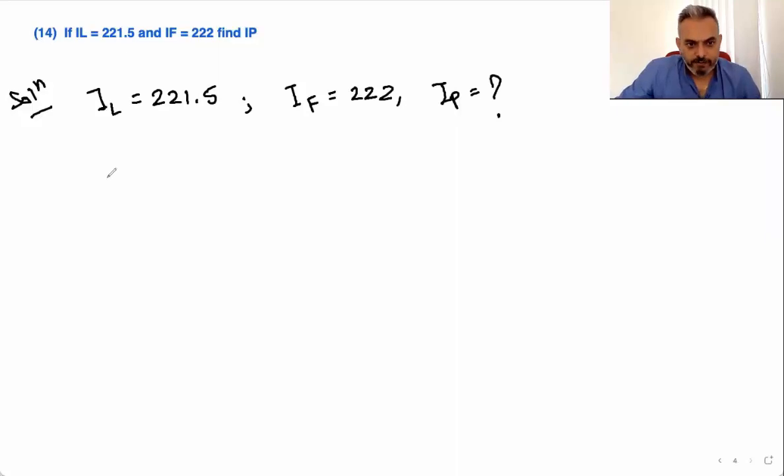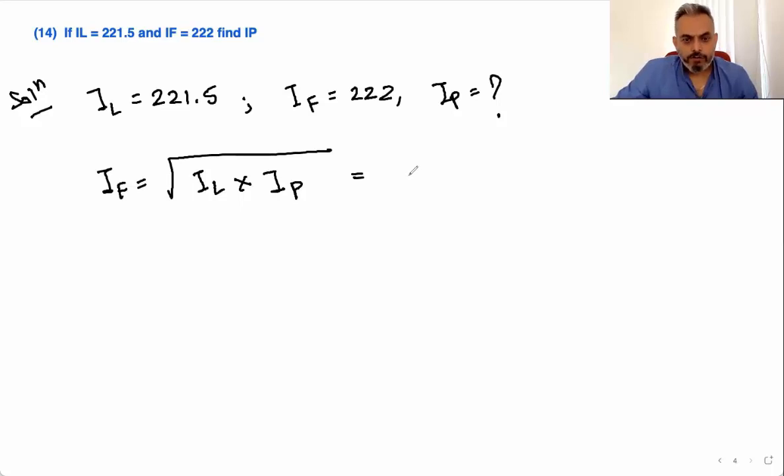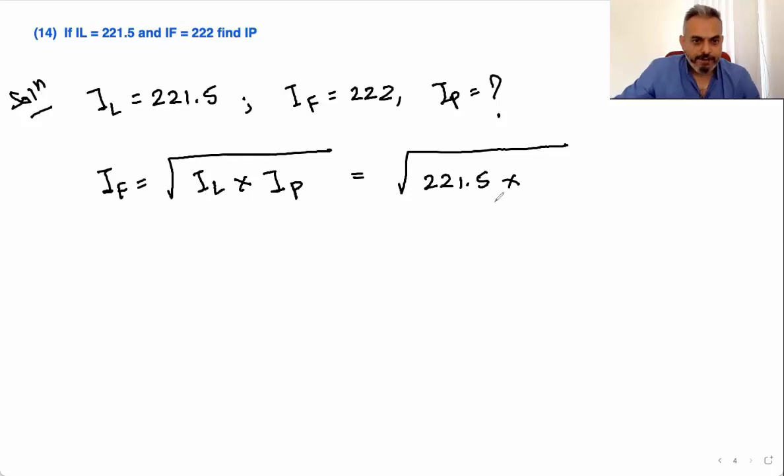Now formula is IF is equal to geometric mean of last year and Paasche, which is equal to under root of 221.5 into IP. Therefore, 222 is equal to under root of 221.5 into IP. Now, under root we want to remove, so here it will become square.